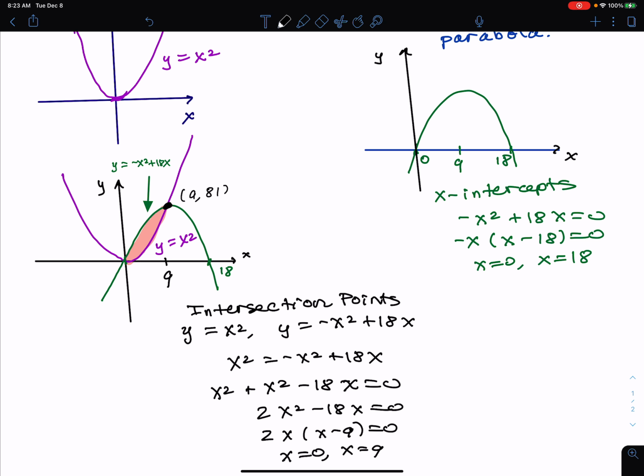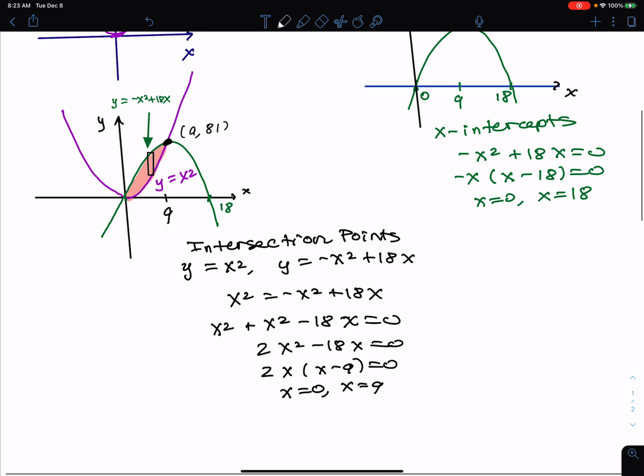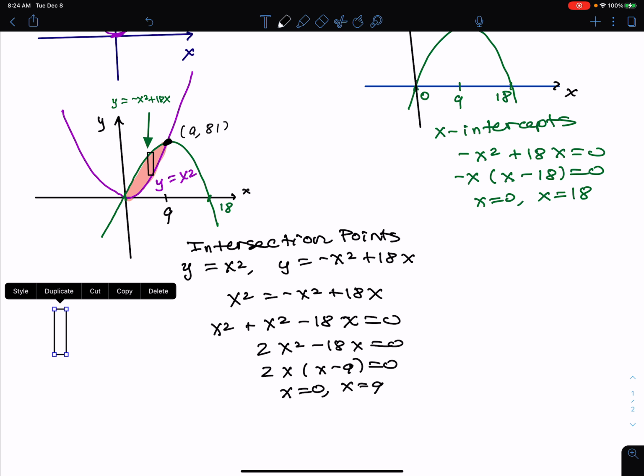Now sometimes some books ask you to draw a little rectangle, so I can do that. Maybe I can't, but anyway, you draw a little rectangle there. The width of that rectangle, you could say it's delta x. I'm going to just skip ahead and say it's dx for a rectangle.